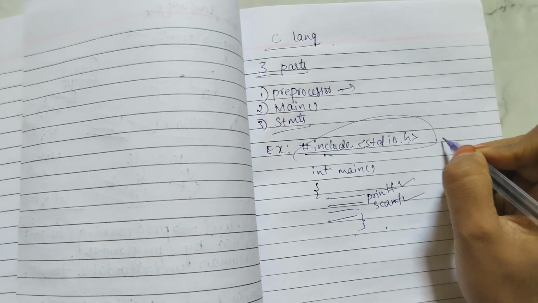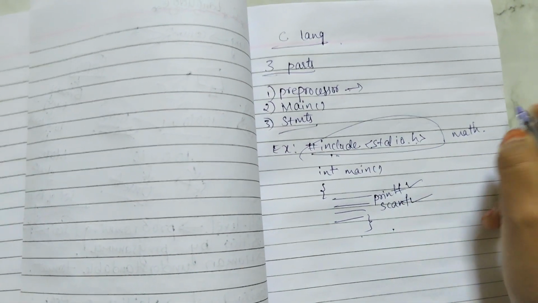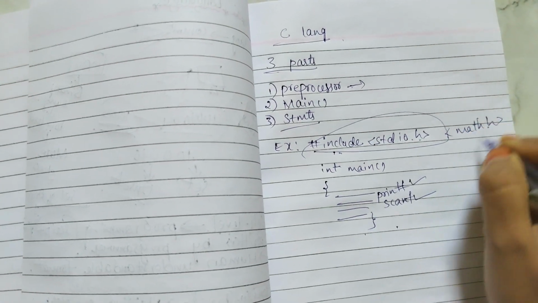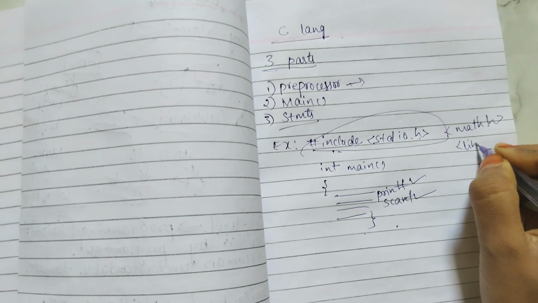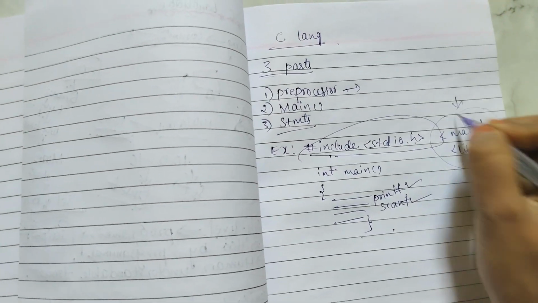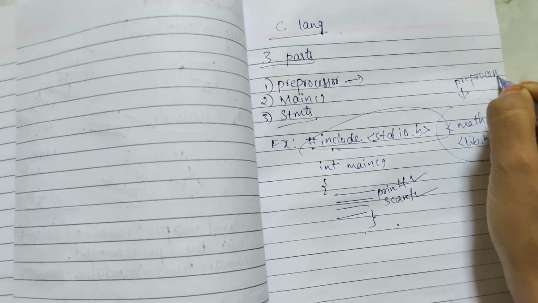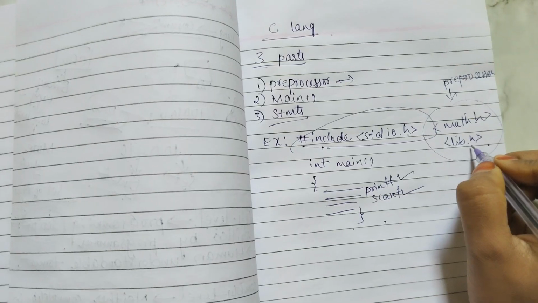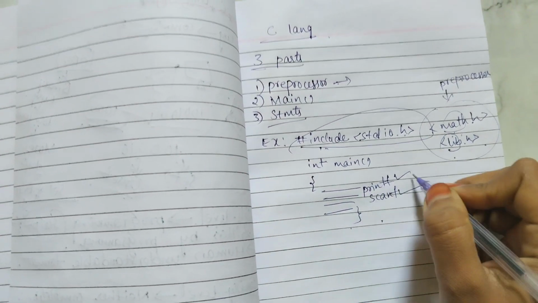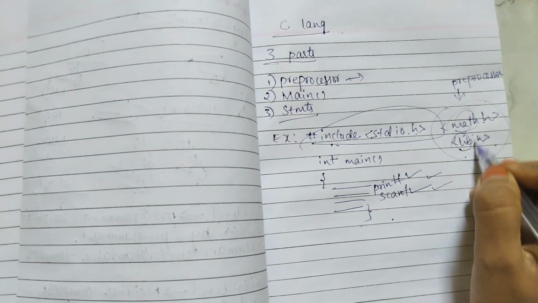If I take math.h, #include <math.h>, or library.h, anything, these are called preprocessor. By this I can easily include the library functions and math functions, if any calculations are happening inside the program.